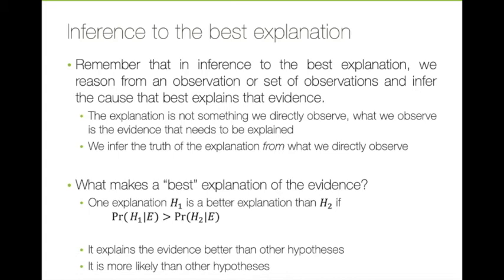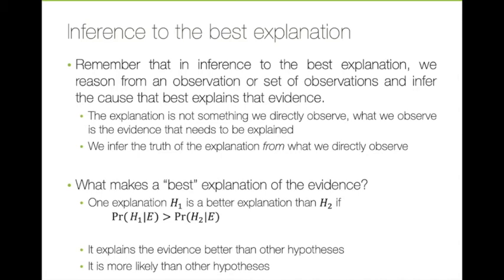We can say that one explanation, H1, is a better explanation than another one, H2, if the probability of H1 given our evidence is greater than the probability of H2 given our evidence. This fits with what we said about the relation between inductive strength and conditional probability at the beginning of the lesson. Higher conditional probabilities mean stronger inductive arguments.